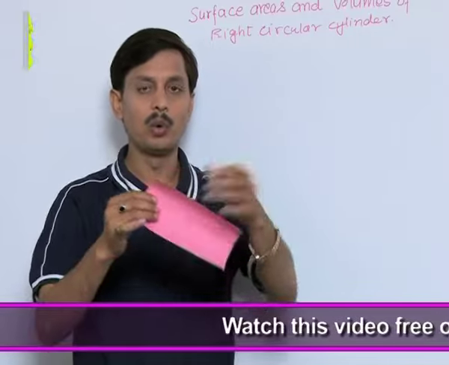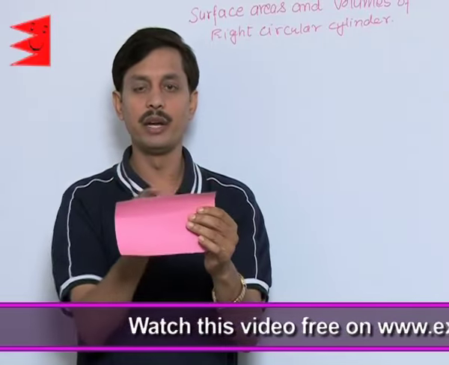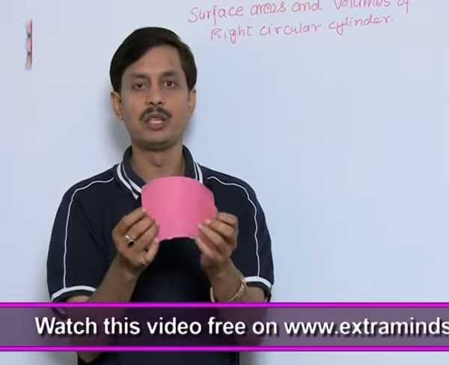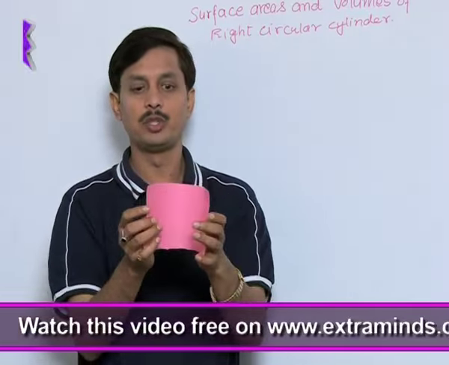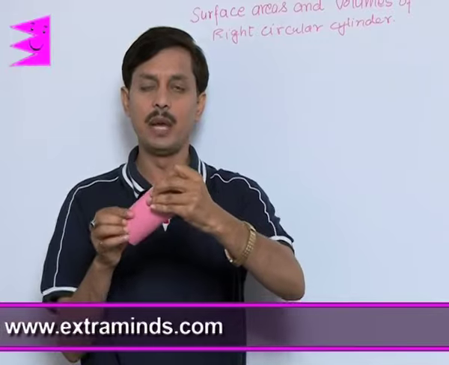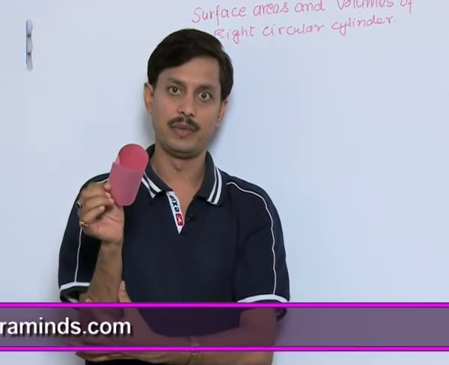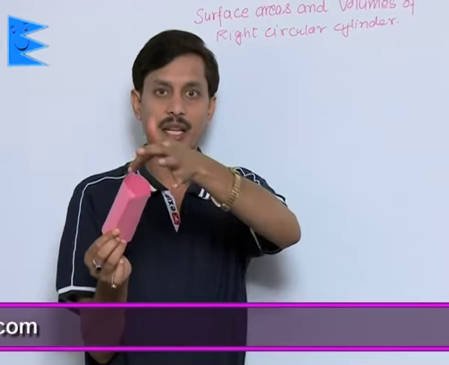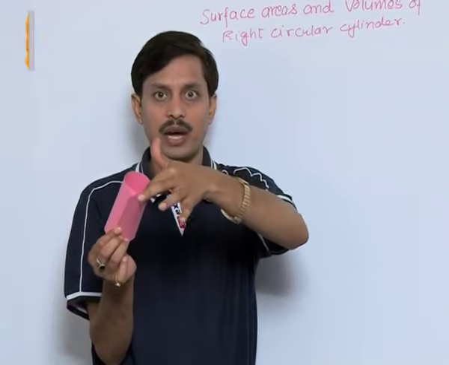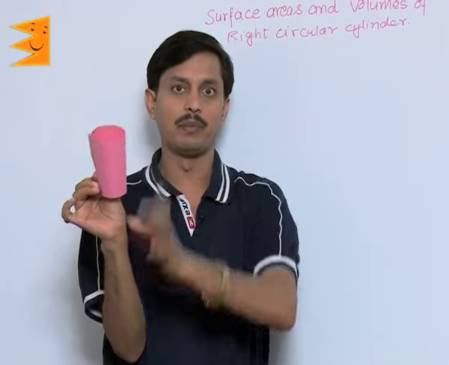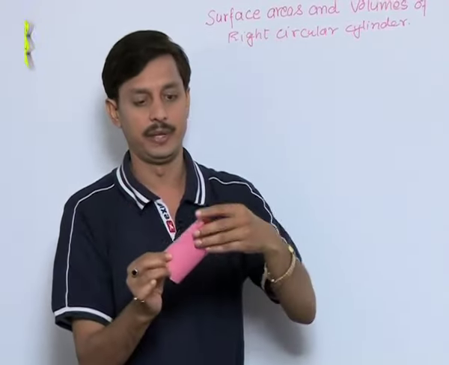But if you want to roll it along its length, then again the shape will be the cylinder, as you can see, and the length becomes the circumference and breadth becomes the height of the cylinder.